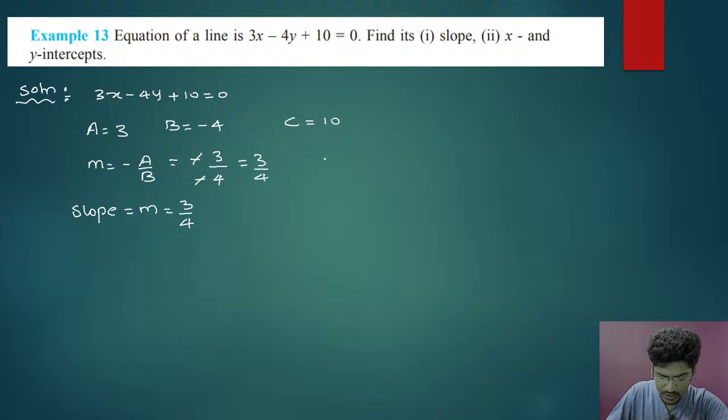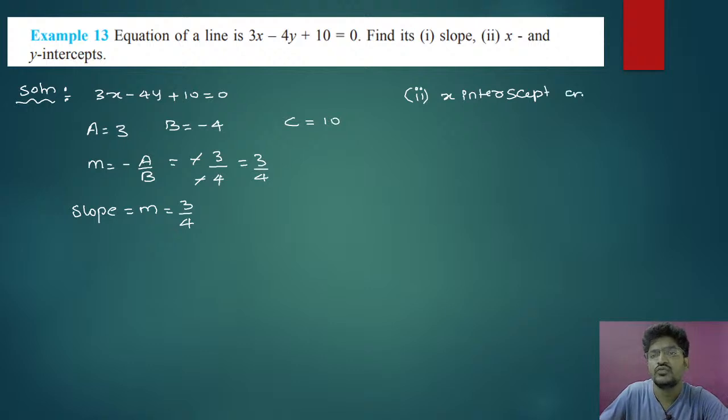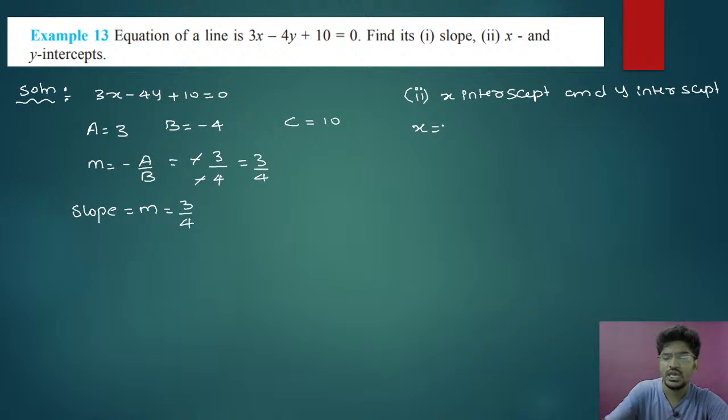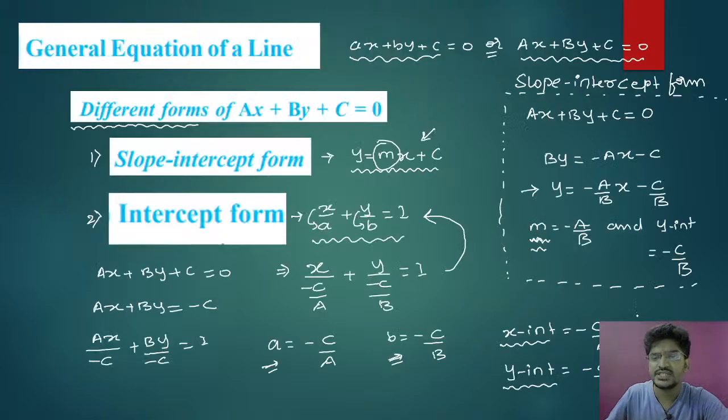Okay. So from that now you can go for the next problem. Second one, you have to find the x-intercept and y-intercept. So what is the x-intercept? You can see here, x-intercept is minus c by a, y-intercept is minus c by b.